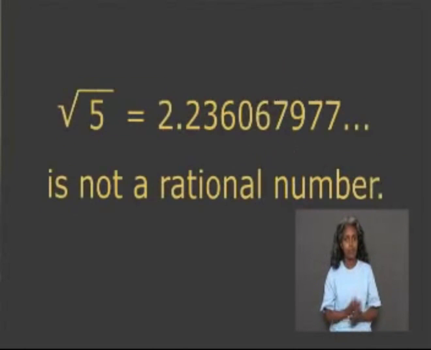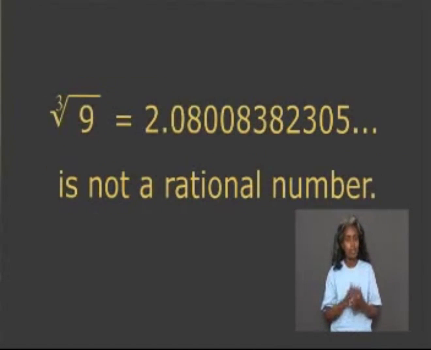If we tried to calculate the square root of 5 using a calculator, we would get a number like 2.2360 and on and on. The decimal number for the square root of 5 does not terminate, so B is not a rational number.